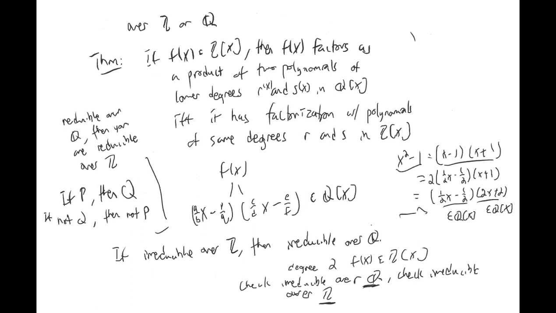Because like I said before, if this was irreducible over R, this is certainly irreducible over Q. If you can't split it as polynomials in real numbers, since Q is a subset, you can't do it over Q. But you would think, what about the opposite?